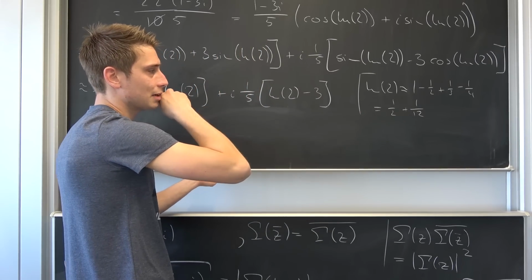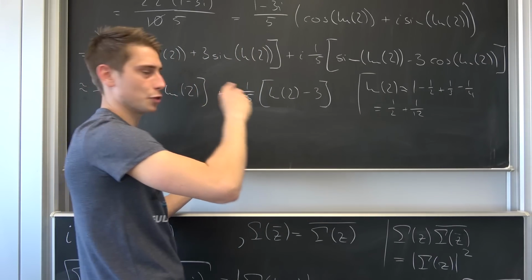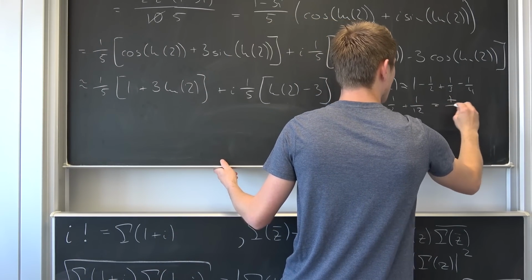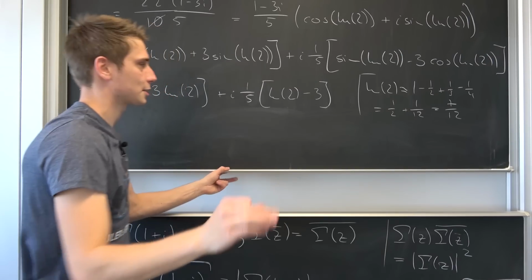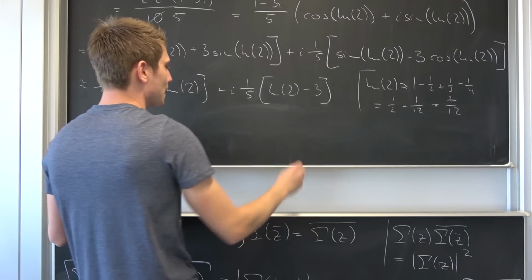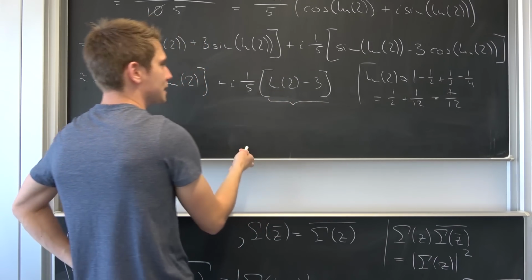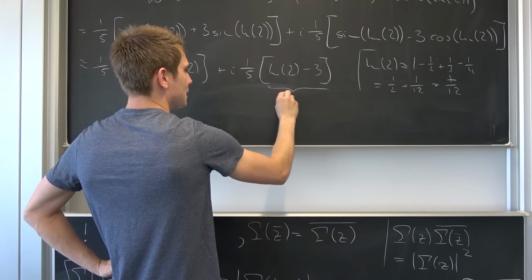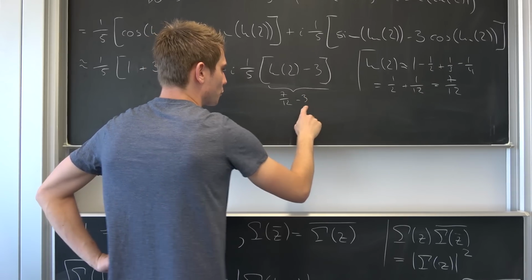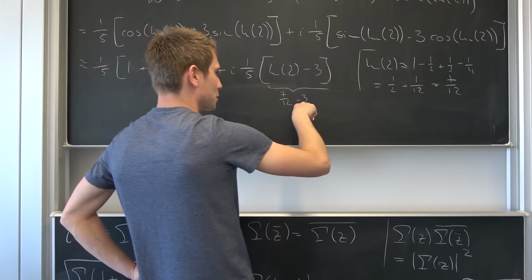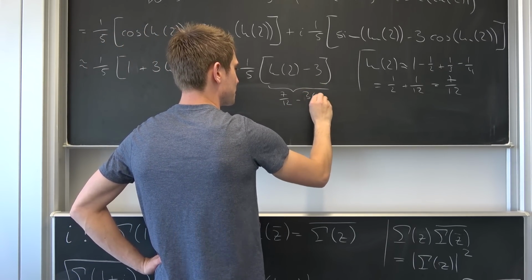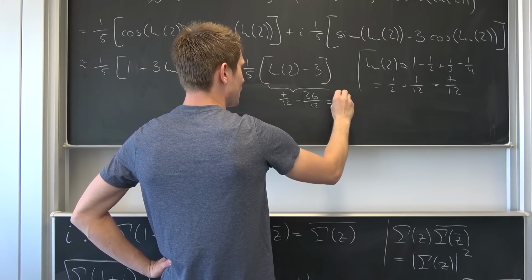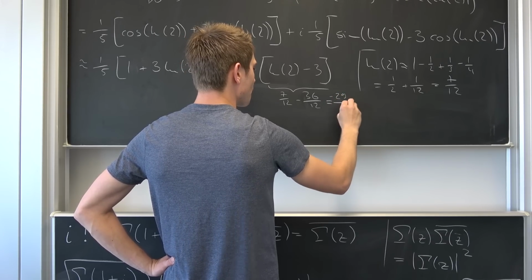Meaning, if we bring this together, we are going to get 7/12. 7/12. That's quite a nice approximation right here. So this thing is nothing but 7/12 minus 3, if we expand this fraction, so that's 36/12, leaving us with negative 29/12.